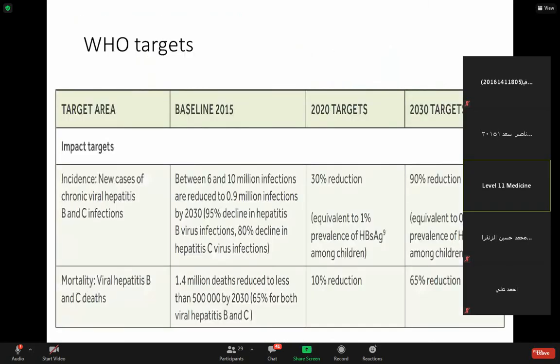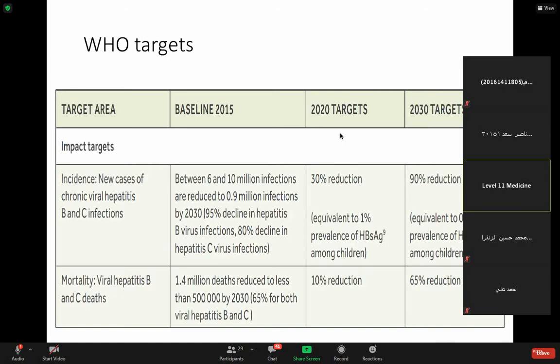Okay, this is a good slide for those people interested in global health, because the WHO usually will have some initiative and goals to achieve. So they are trying to communicate with all the countries to decrease the burden of a certain common diseases in the globe. So for example, when it comes to the mortality from hepatitis B and C, okay, the goal in 2030 is to reduce it by 65%.